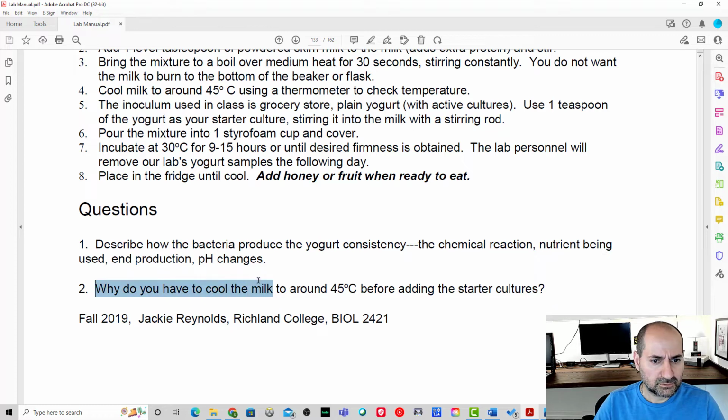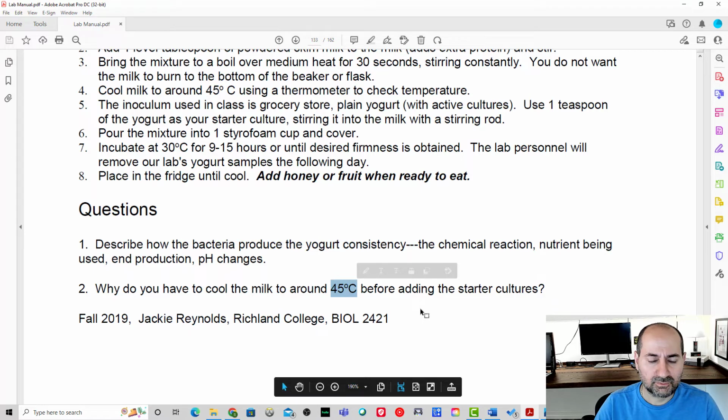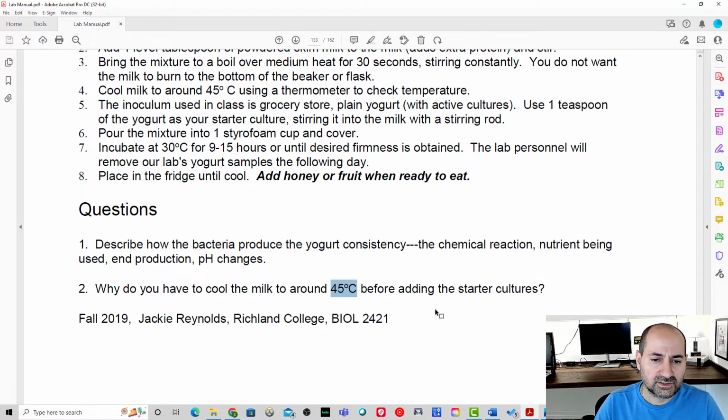Why would you have to cool the milk to about 45 degrees before adding starter culture? Well, because obviously starter culture will die any warmer than 45 degrees C. This is too warm, and it could denature the proteins in the starter culture bacterium and kill the starter culture.